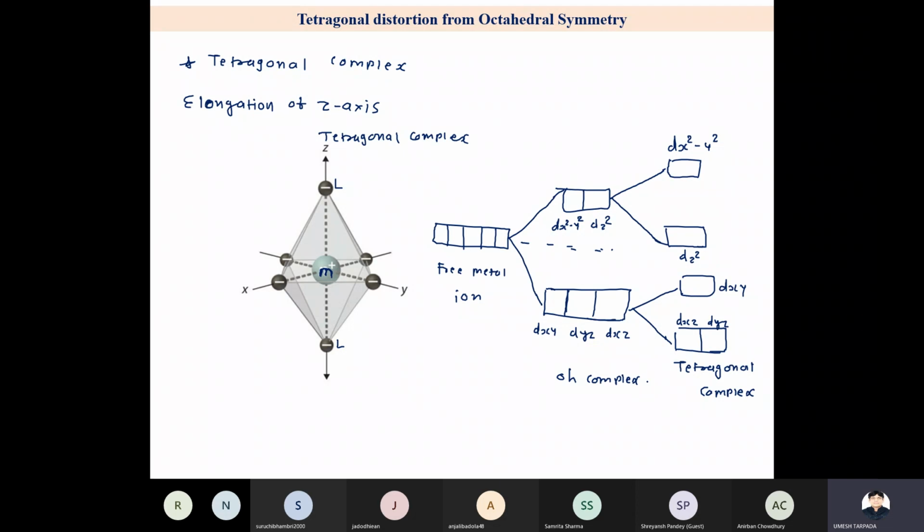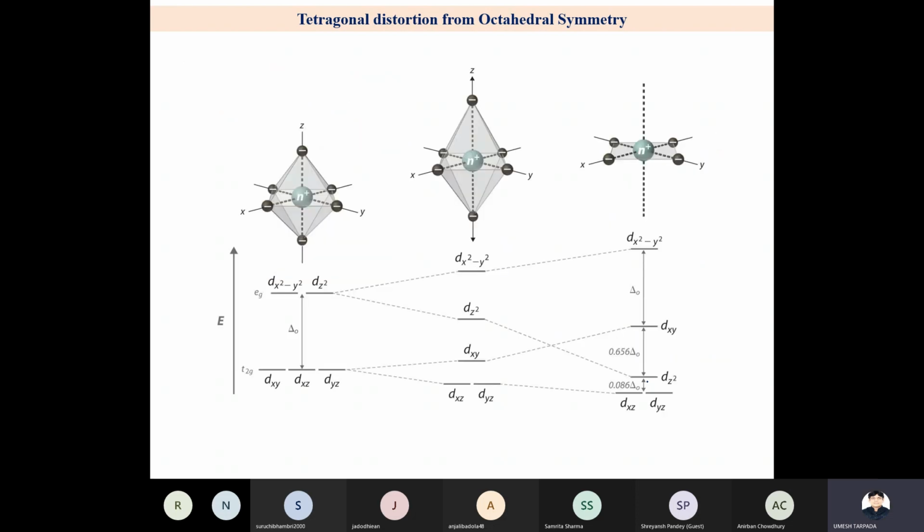Again, if you remove two components, that is the z ligands, you may get square planar geometry also. Look at here. This is your normal octahedral case, where the energy of the eg set is greater than that of t2g.